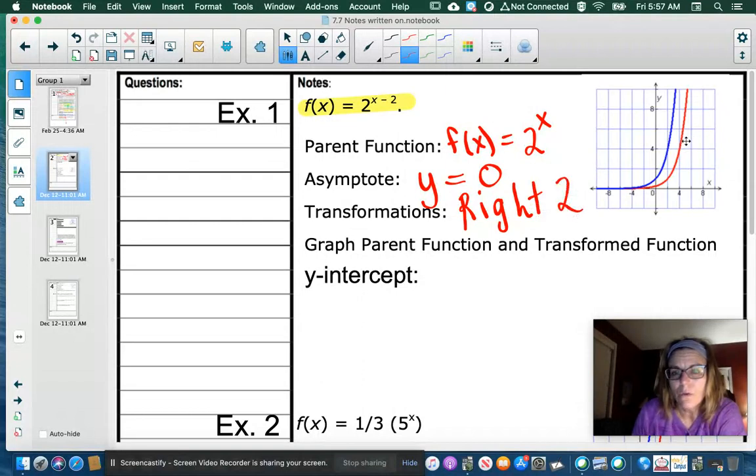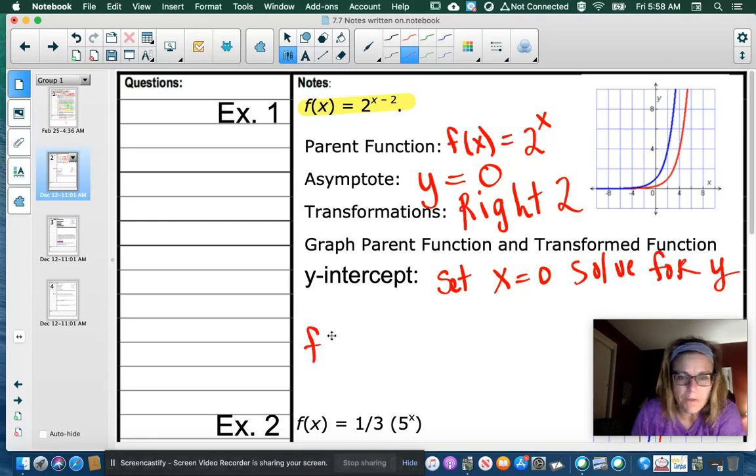And now we graphed both of these ahead of time. We graphed the parent function and the transform function. How do we find the y-intercept? All we do is set x equal to 0 and solve for y.